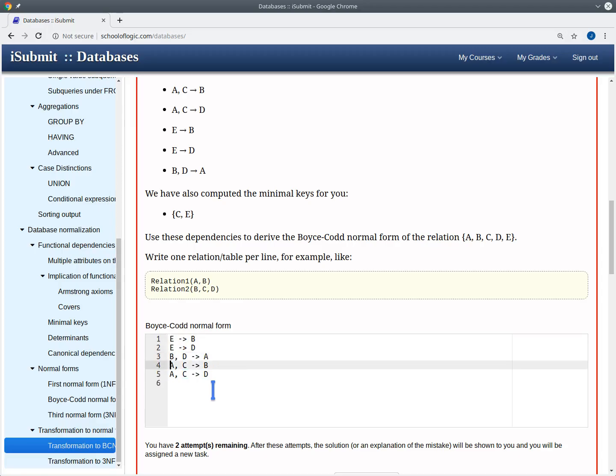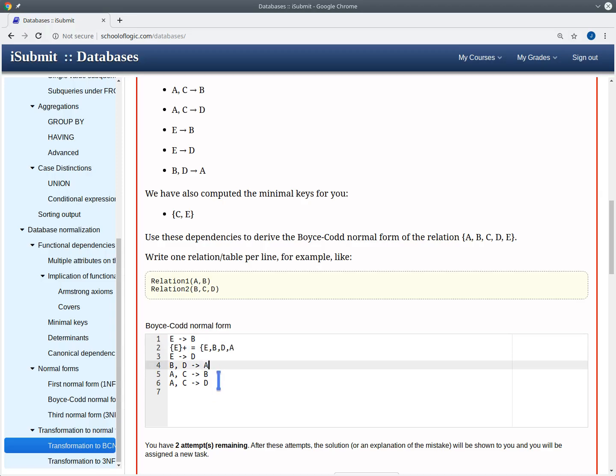Okay. The second step is to maximize the right-hand sides of the functional dependencies. So we maximize the right-hand side of this functional dependency. So we compute the cover of E. What do we get? We get E, we get B, we get also D. Because we have B and D, we also get A via this functional dependency.